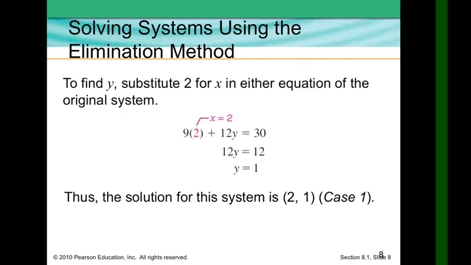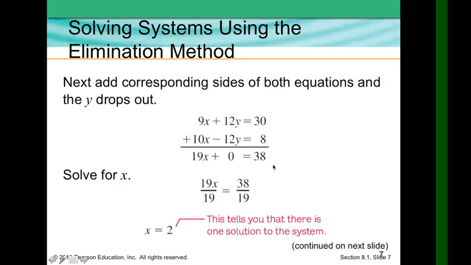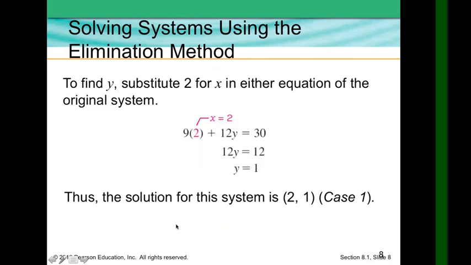From this, to find y, substitute 2 for x in either equation of the original system. You can use the first equation or the second equation, but you will use x equals 2. So we have 9 times 2 plus 12y equals 30, because our target now is to get y after getting x. 9 times 2 is 18, right?